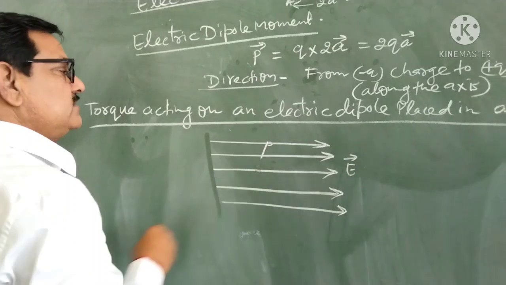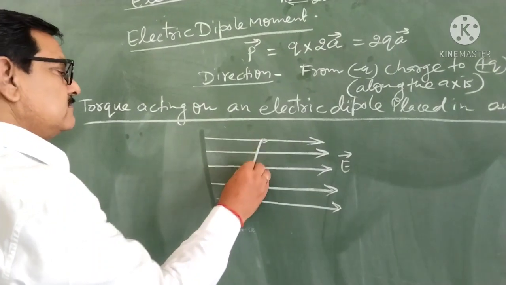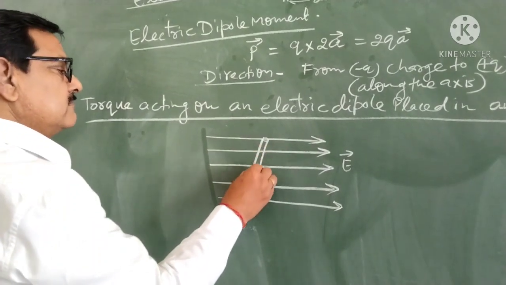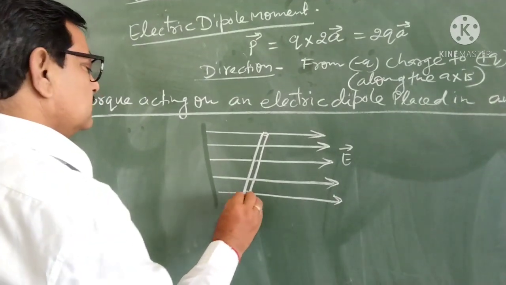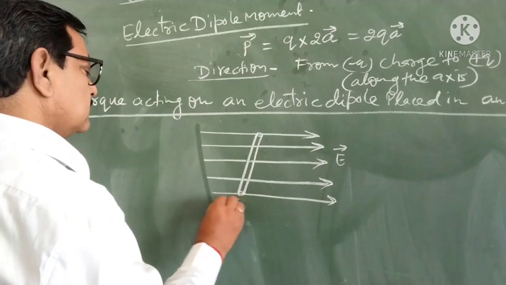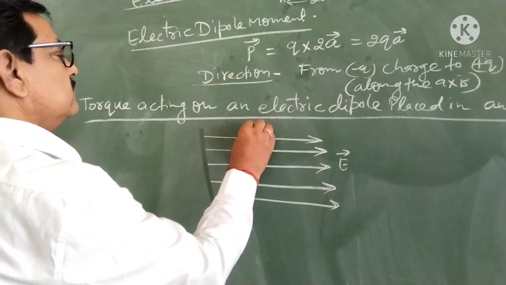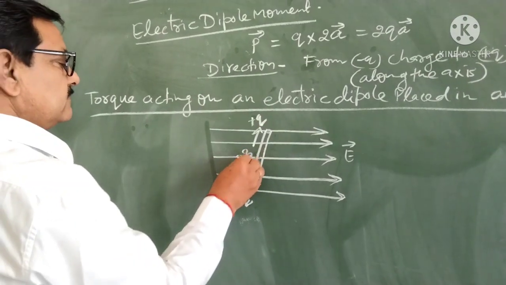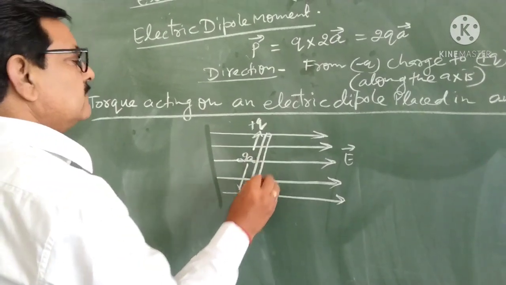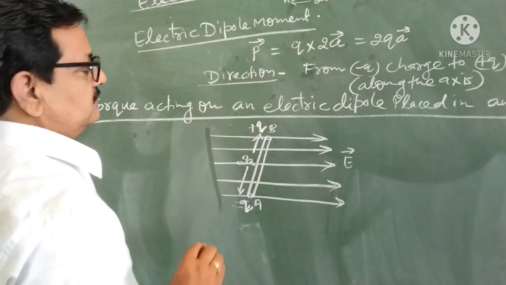A dipole is placed in this uniform electric field. As we know, charge on dipole minus q plus q. Length is 2a. This is 2a. Now suppose dipole AB.